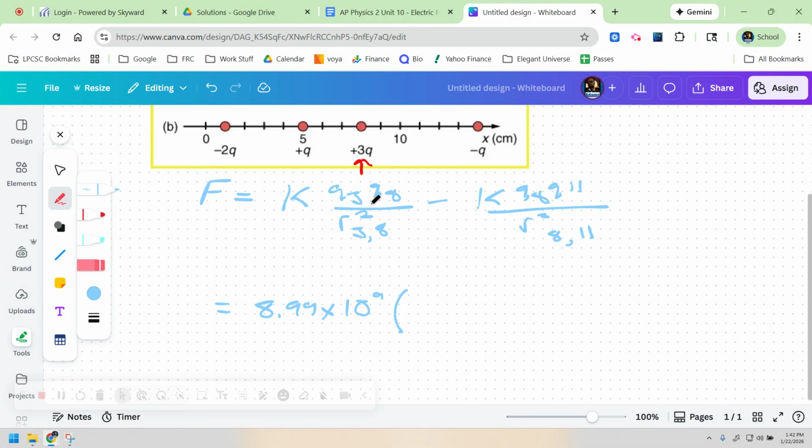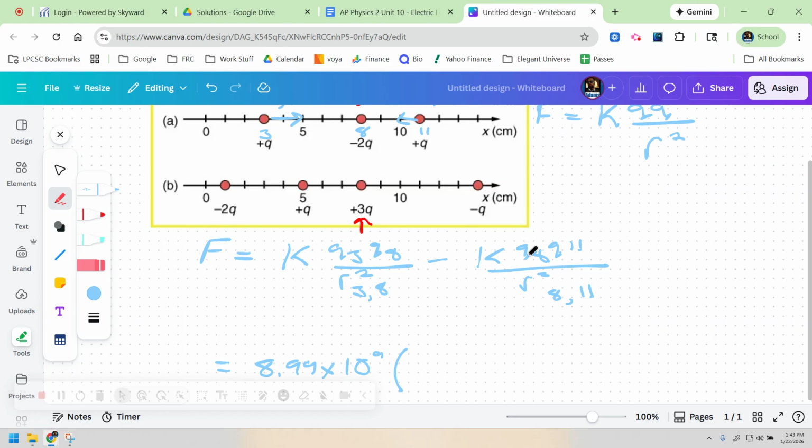So now charge 8 is -2, right? And then charge 3 is 1.